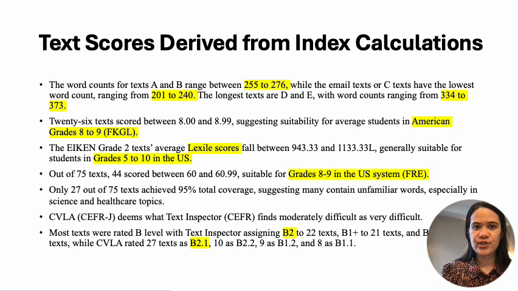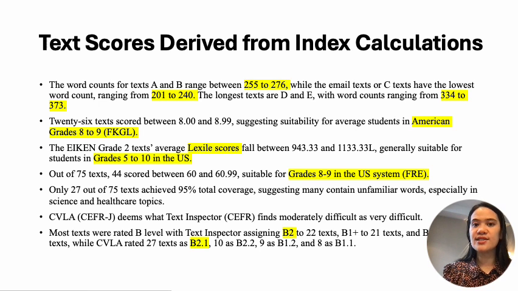The email texts, or C passages, have the lowest word count, ranging from 201 to 240. We can assume that C passages generally receive the lowest scores, even with other measures, probably due to their low word counts, making them the easiest among the 5 passages.